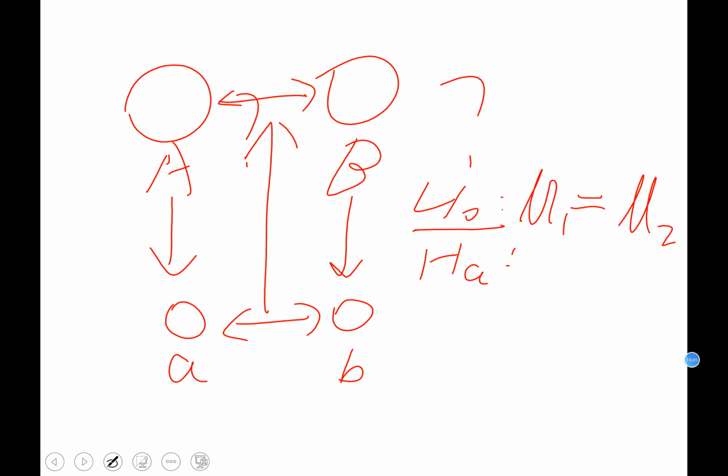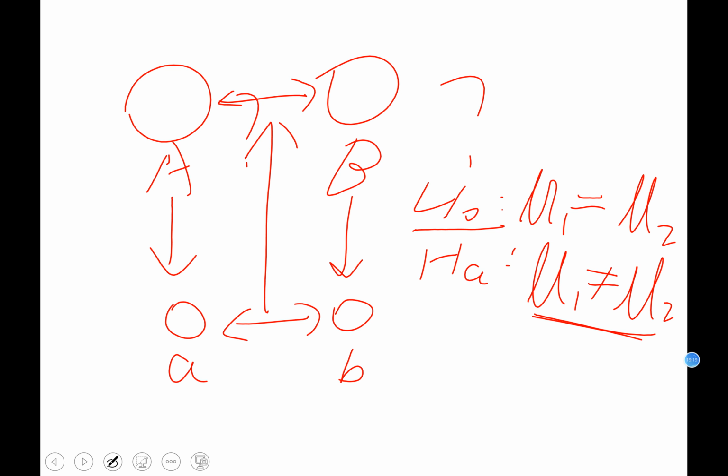So here HA should be not equal to. That means the two populations are different, they are not the same. There must be some difference between the two populations.